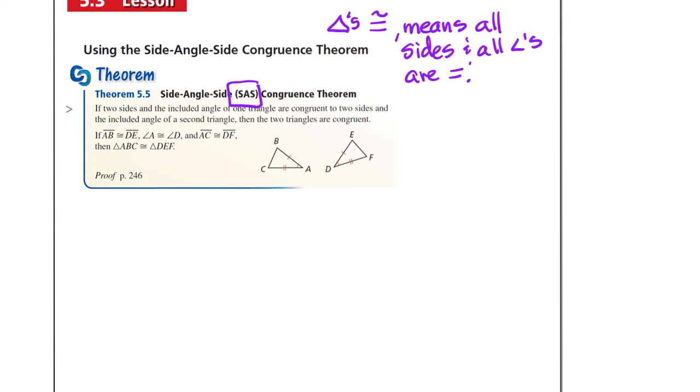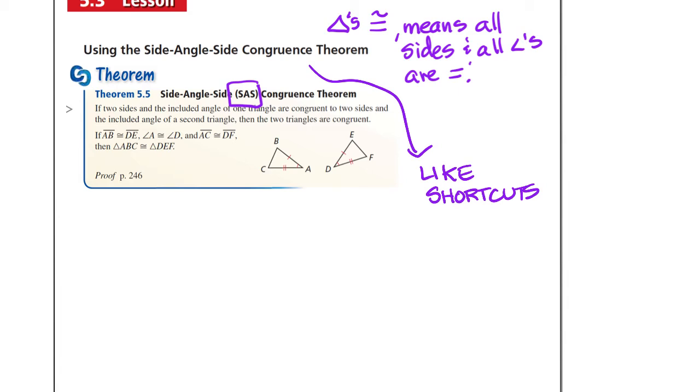Well, these congruence theorems are a little bit like shortcuts. They're ways that we can prove that two triangles are congruent without having to prove all three sides and all three angles are congruent to each other in the different triangles.